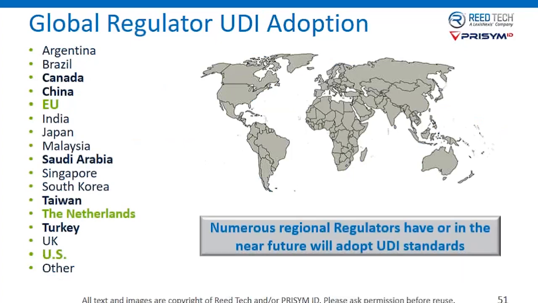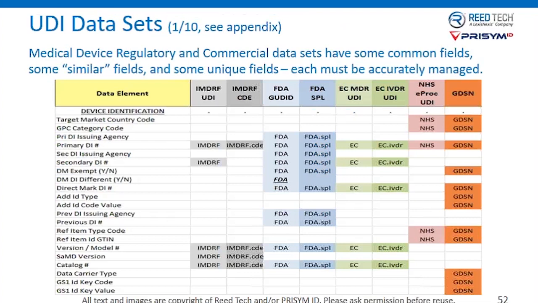So as you take a look at your requirements for meeting FDA and now the ongoing EU, this may be the opportunity to take a look at your system, and consider a master data management and a modern labeling system to manage this information. I won't go into the details on this, but you can take a look at the full set of 10 slides that show all the fields and the various regulatory bodies that identify products.